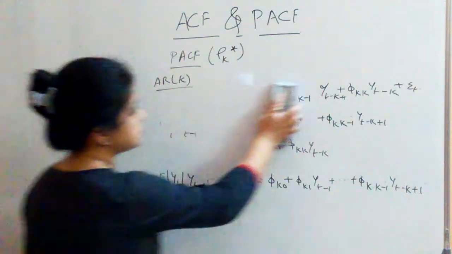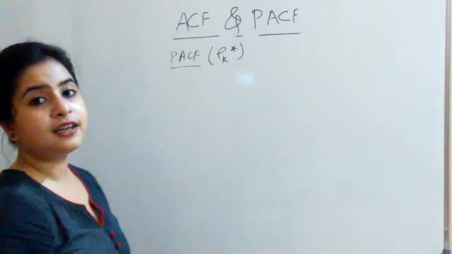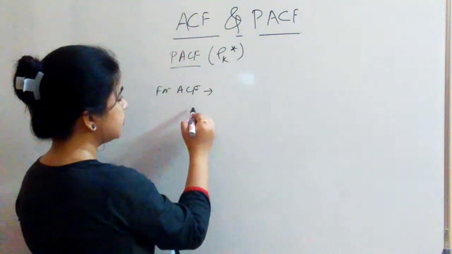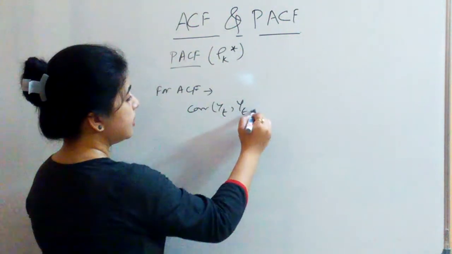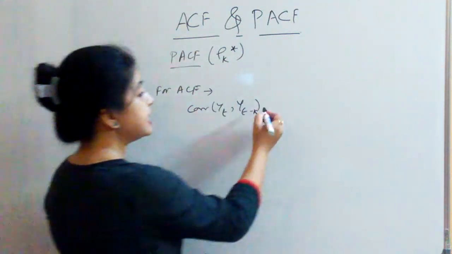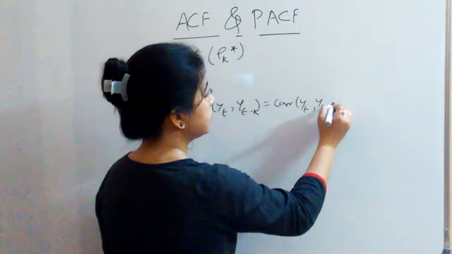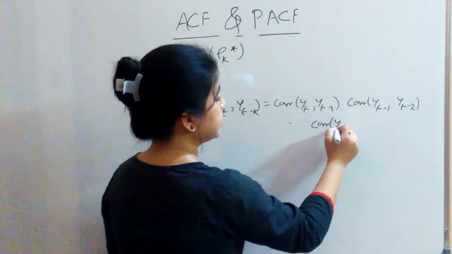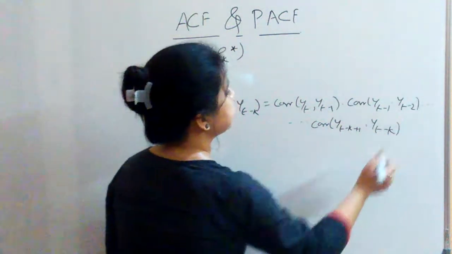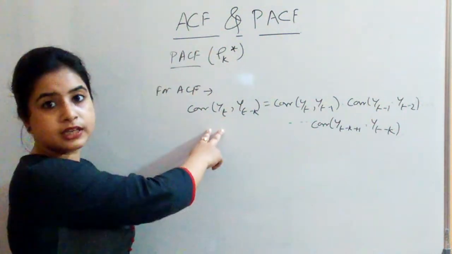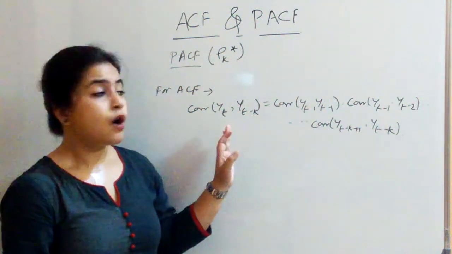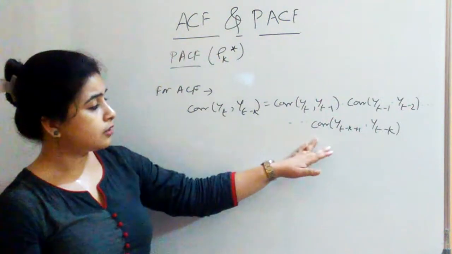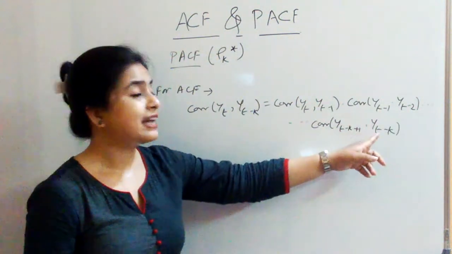What I am saying is, for the ACF, if we want to find a direct relation between yt and yt minus k, it can only be obtained via the correlations of yt minus 1, yt minus 2, dot dot, yt minus k plus 1 and yt minus k.